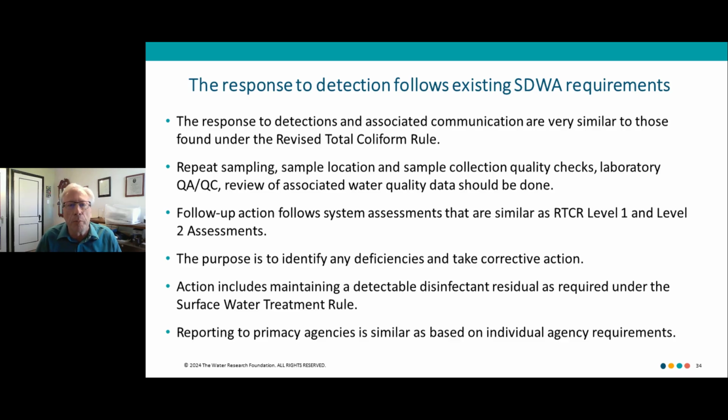They lay out pretty much what you would do looking for Legionella at the same time. Again, the purpose is to identify any deficiencies and take corrective action and document that. Action includes maintaining a detectable disinfectant residual as required under the surface water treatment rule or your state primacy agency, and then keeping the primacy agency in the loop so they're not surprised by anything down the line.